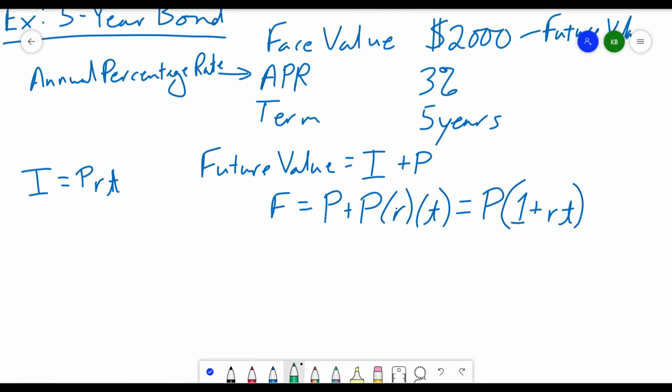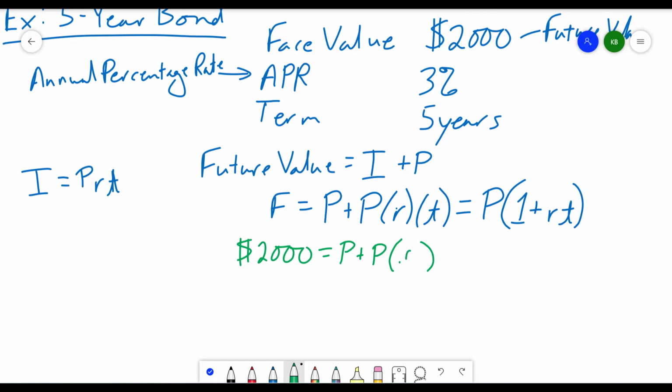So in my example here, I have my future value. So I know that it's going to be worth $2,000. And that's going to equal, I don't know what my principal is that I'm putting into this initially. So my principal plus my principal times the rate, which is always as a decimal.